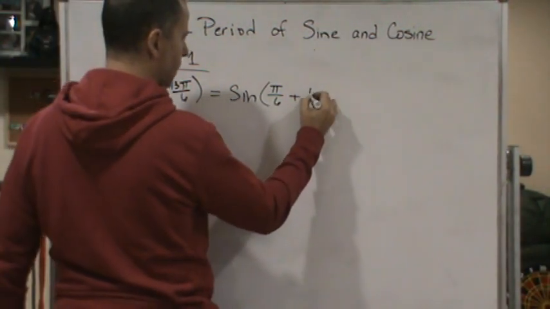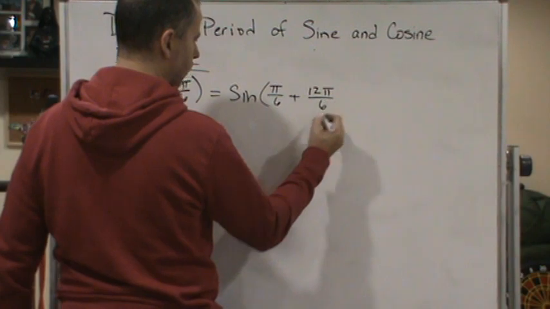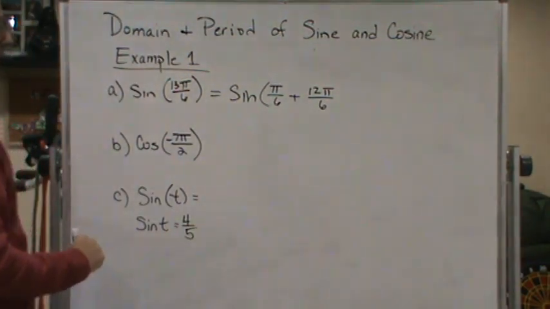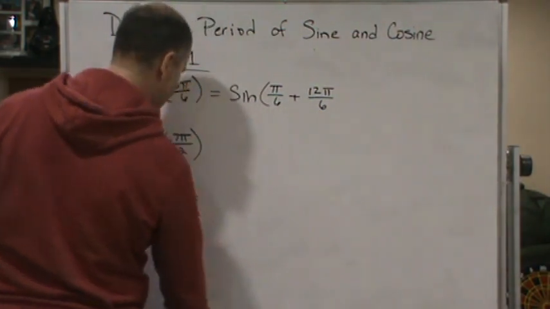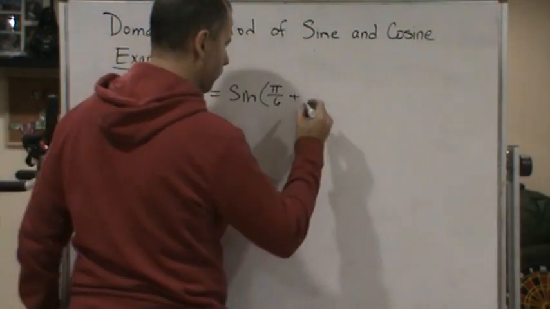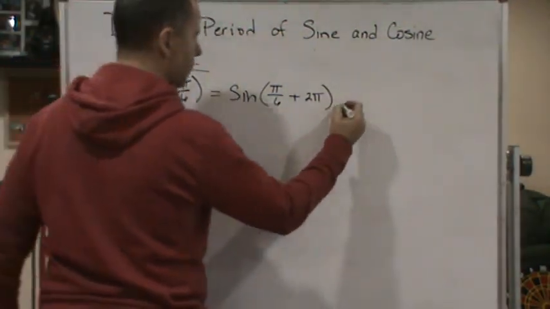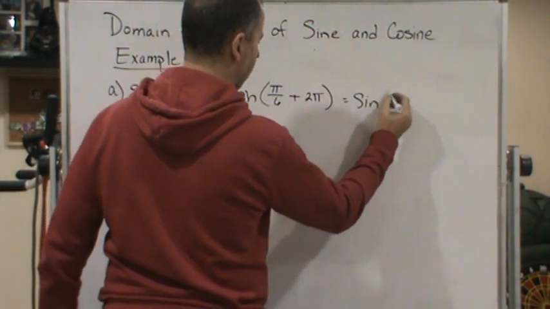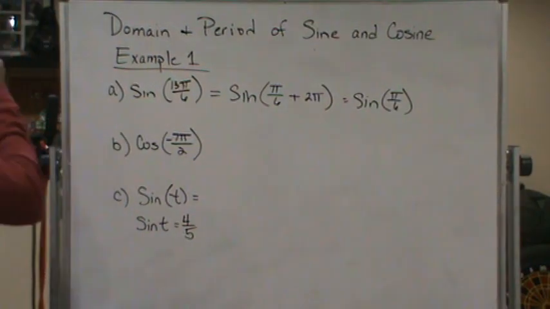Well, I'd have to add 12 more pi over 6's, right? So that'll do it. Also notice that 12 pi over 6 is equal to 2 pi. And so we know that this is also equal to sine of pi over 6, because it's periodic.